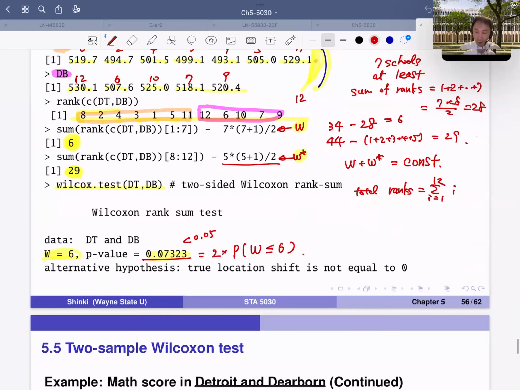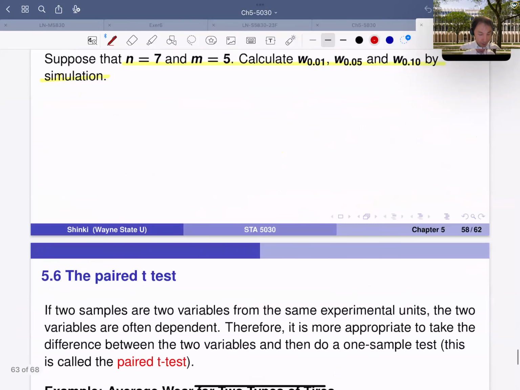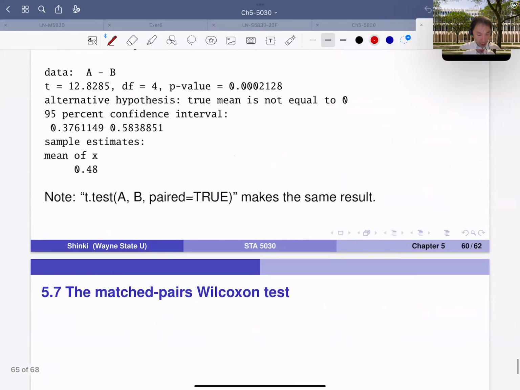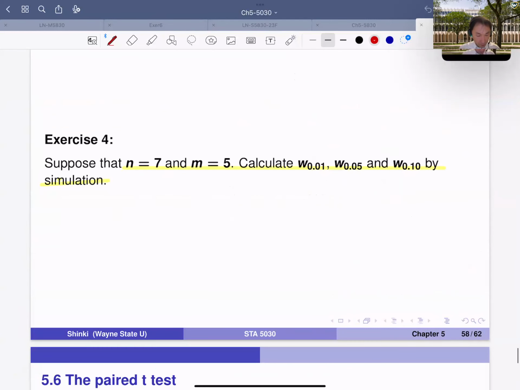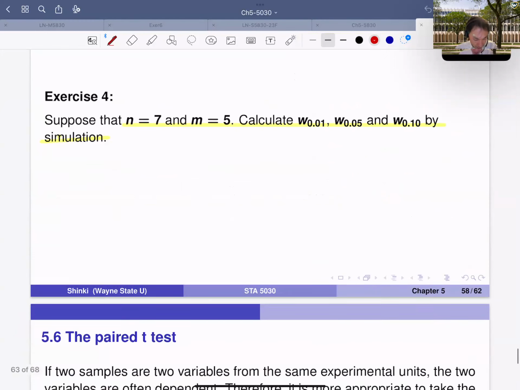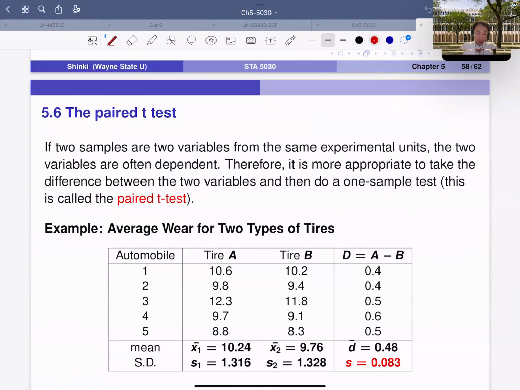Okay, so today we will cover the last section of chapter 5, 5.6, and also we enter chapter 6. Chapter 6 is a pretty important chapter, so just make sure that you catch up with the materials.